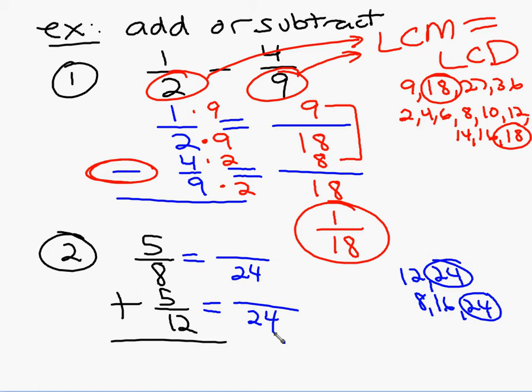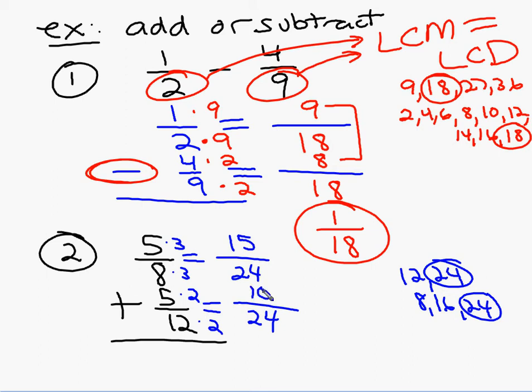So I need to change both of these so they have a 24 in the denominator. So I ask, what do I multiply 8 by? Isn't it 3? So I multiply the top number by 3 and get 15. What do I multiply 12 by? It's 2. So I multiply that 5 by 2 and get 10.